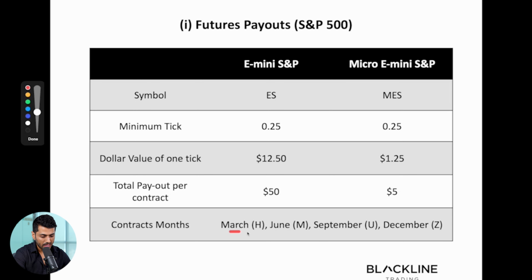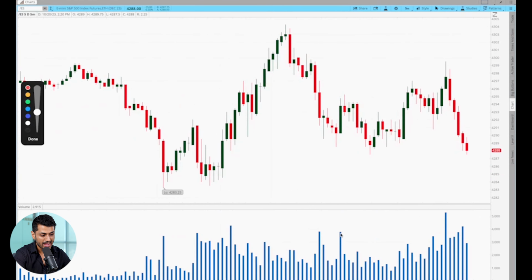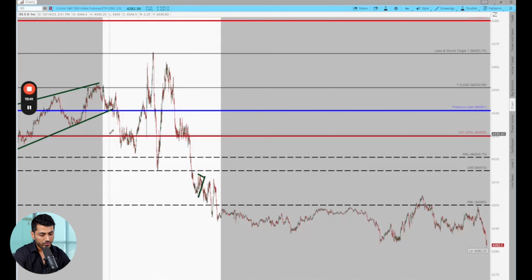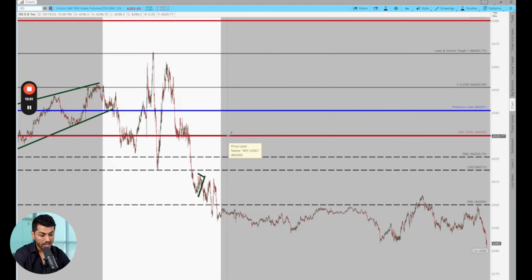What exactly do we mean by these letters? Let's go back to the platform and try to understand at a deeper level. As we discussed, when we write ES here, it gives you the futures price in general, the future price for S&P 500. But if I want to trade, I would have to open a contract, right?